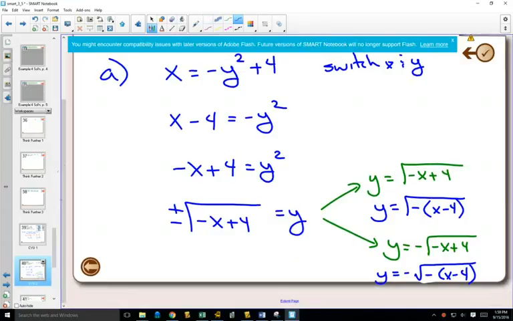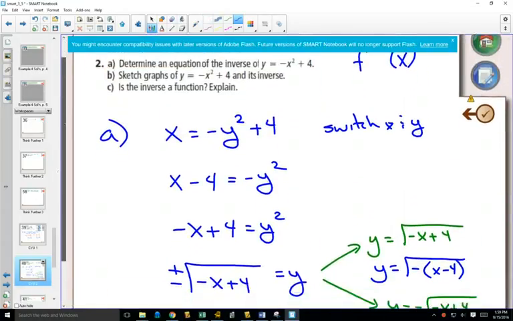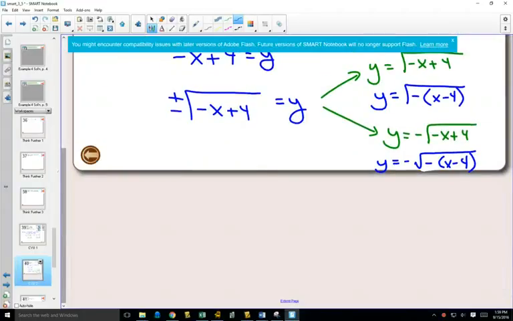So part B, sketch the graphs of both. How do we graph -x squared plus 4? You would, first of all, start with your parabola.